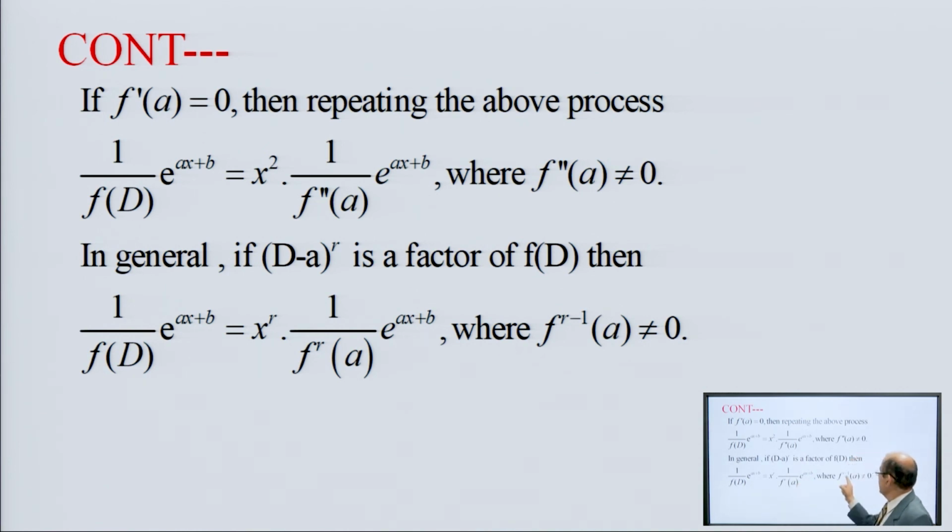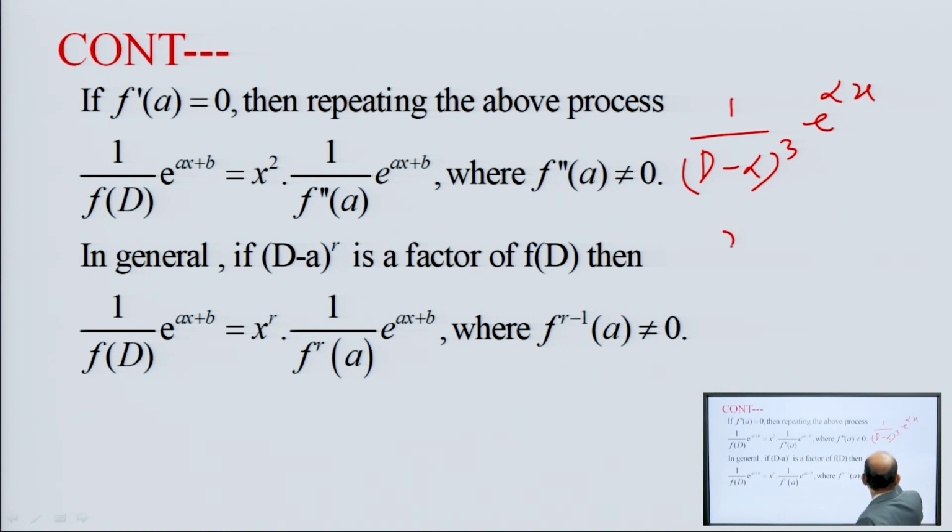Where f to the power (r minus 1) of a is not equal to 0. Here, suppose 1 by (D minus alpha) cube e^(alpha x), it means f(D) cube, which gives x cube by factorial 3 e^(alpha x), when f double dash(alpha) is not equal to 0.